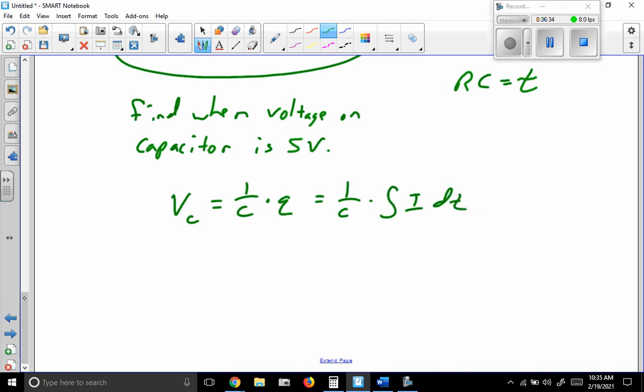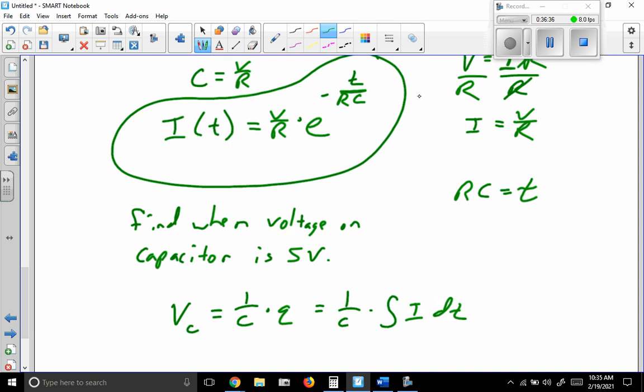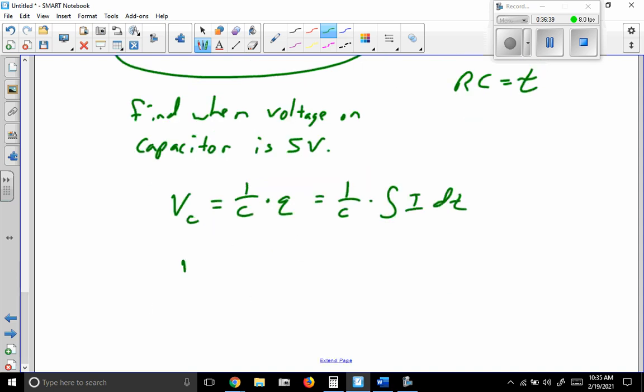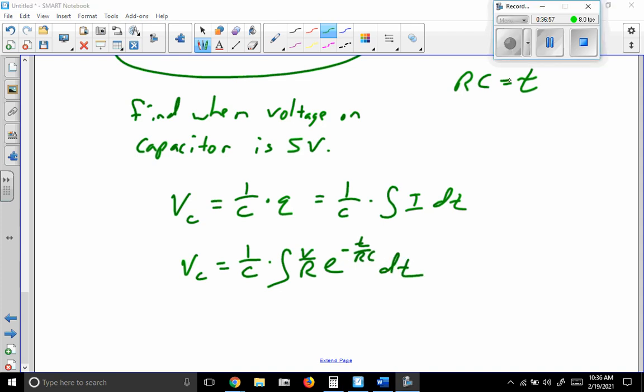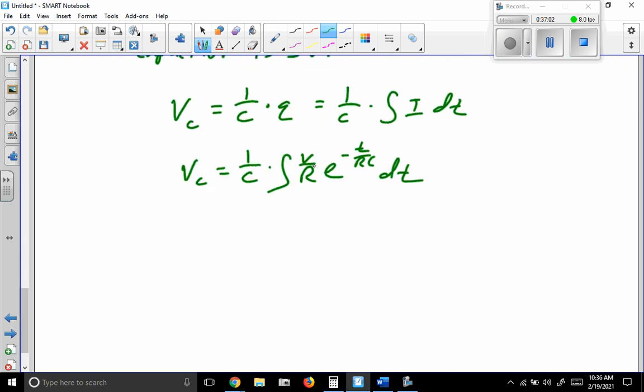Well, we just came up with a function for I. So the voltage on the capacitor is 1 over C times the integral of V over R times e to the negative t over RC dt. So how are we going to integrate this? V over R is a constant, so bring V over R out front. We already have C on bottom.